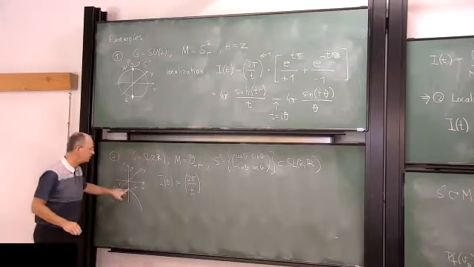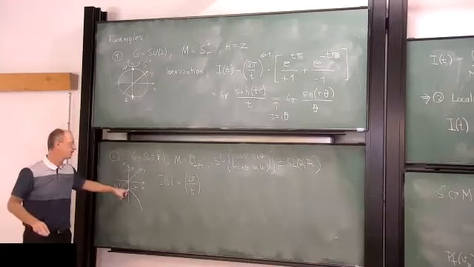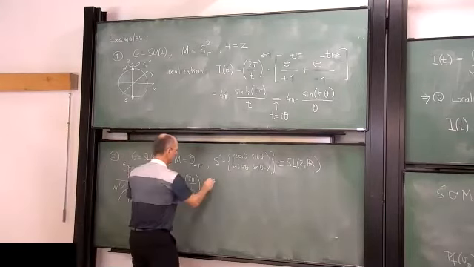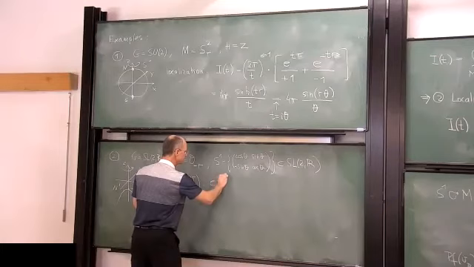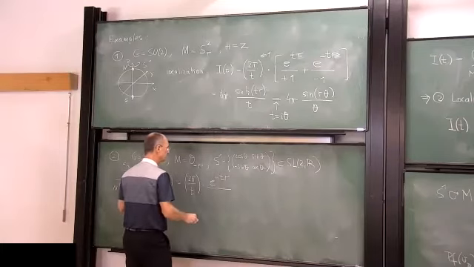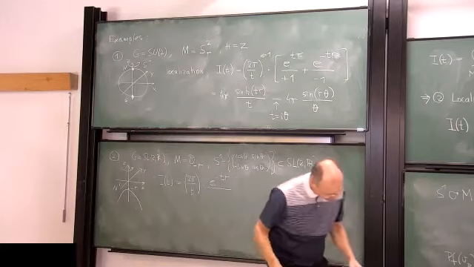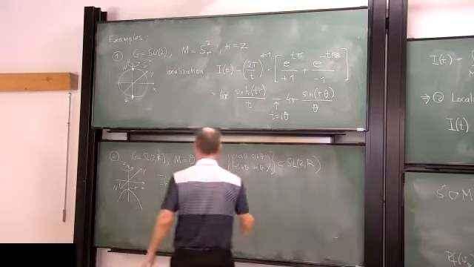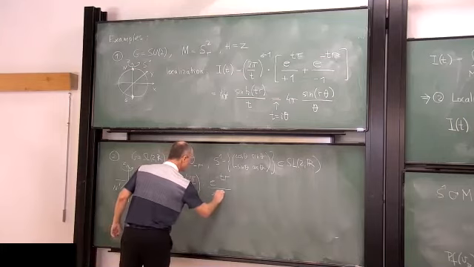Now there is only one fixed point, this North Prime Pole. So here we get minus exponential minus tr, and this is divided by plus 1 as before at the North Pole.